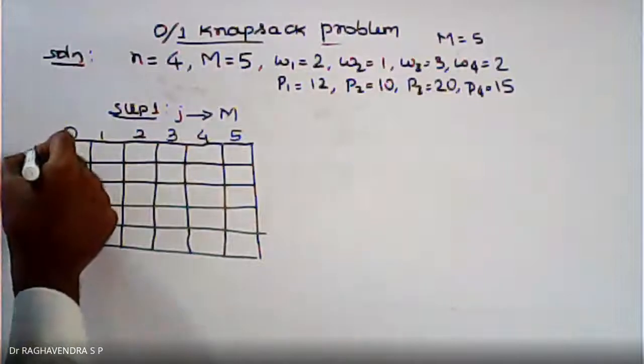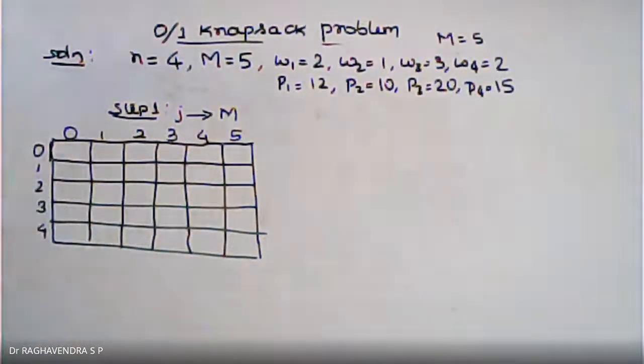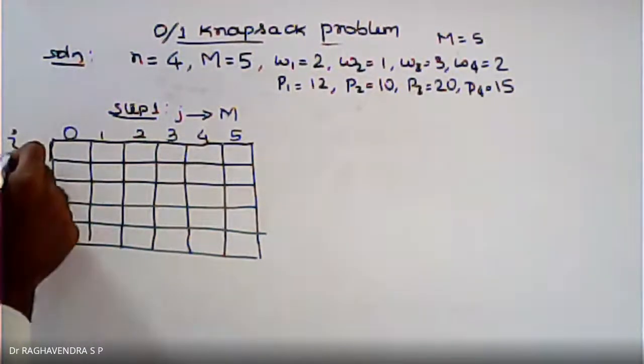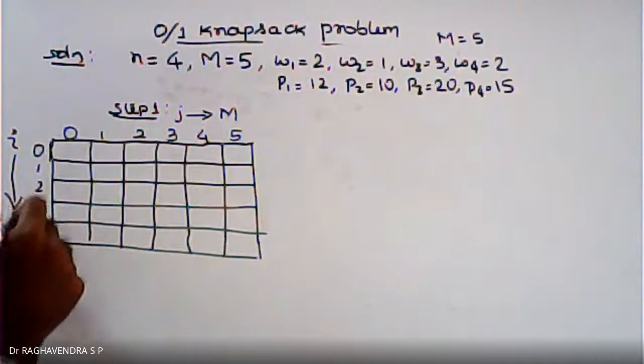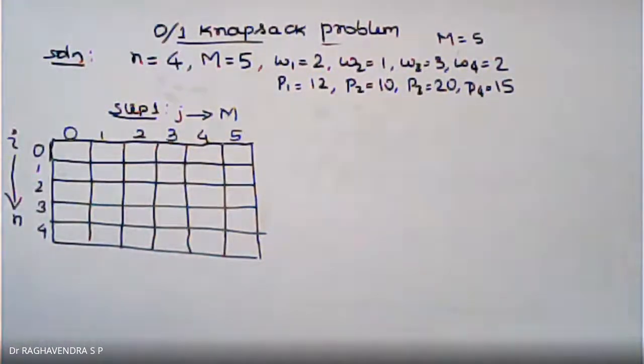We have the zeroth row, first row, second row, third row, and fourth row, and this will represent the number of items. That is I, because I represents the number of items, and it goes up to N, because capital N is 4.